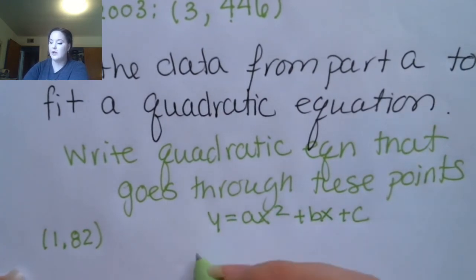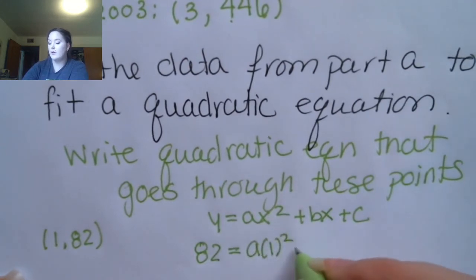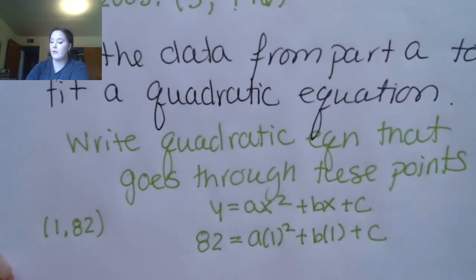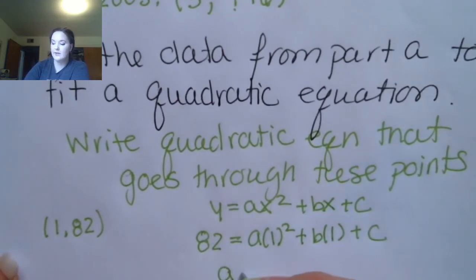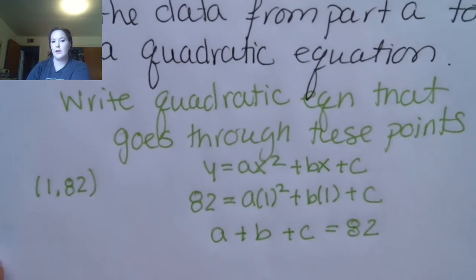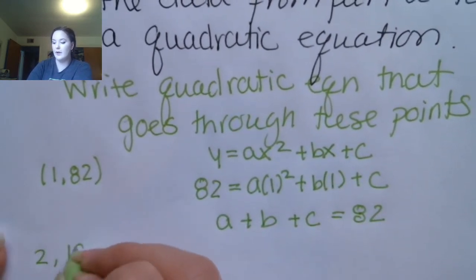Okay, so for (1, 82), we'll get 82 equals a times 1 squared plus b times 1 plus c. Okay, so I can rewrite that as a plus b plus c equals 82. Okay, now I'm going to plug in my second point, which is (2, 194).